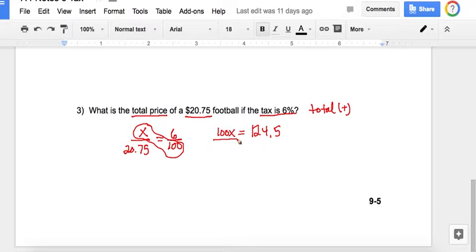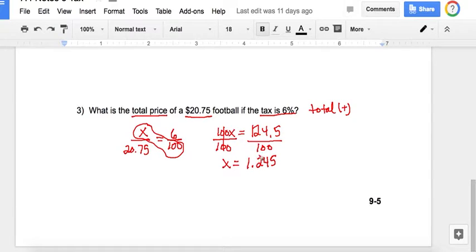Now, the opposite of multiplication is division. So we're going to divide both sides by 100. 100 divided by 100 is a 1 in disguise. So x will equal 1 and 245 thousandths.